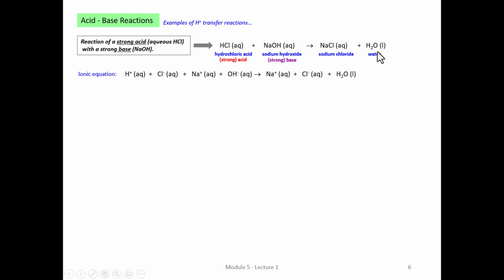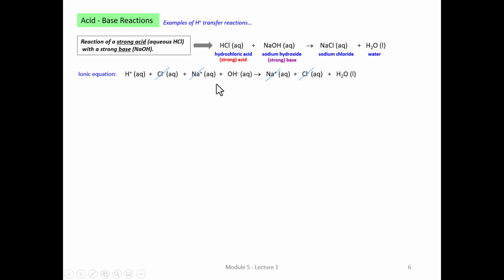It's a molecular substance. It's not going to ionize like sodium chloride dissociates or HCl ionizes, so we leave that alone. What this gives us is an equation where there's the same thing on either side. So in other words, there's chloride on either side, so we're going to cross that out. It hasn't changed at all. It's a spectator. Sodium ions are spectators.